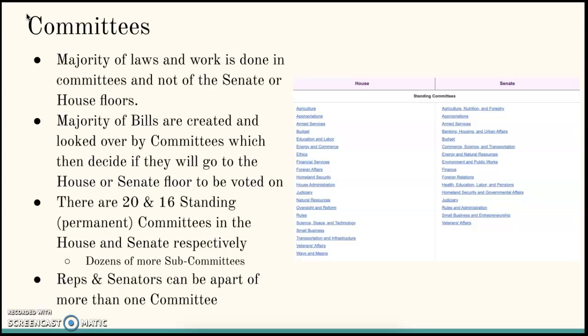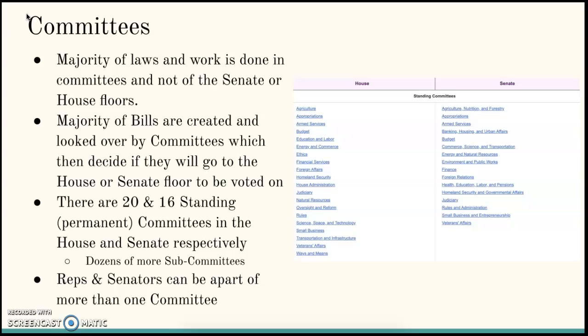And again, not every single member is in the same committee. In the House especially, since there are more than 400 members, some members of the House are in multiple committees: 3, 4, even 5. In the Senate, however, there may be a senator who's in maybe 1, 2, maybe 3.